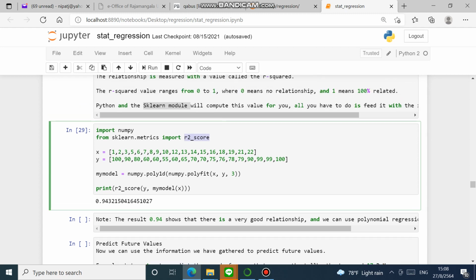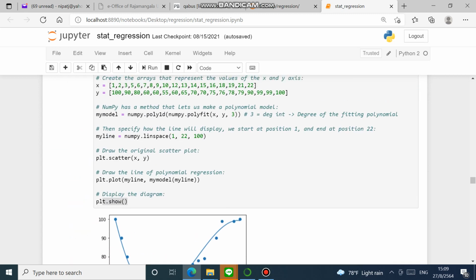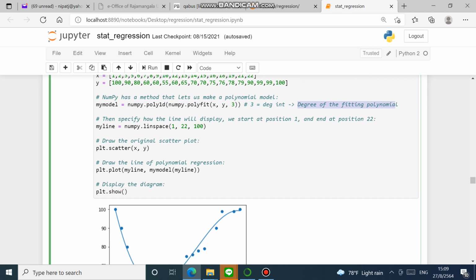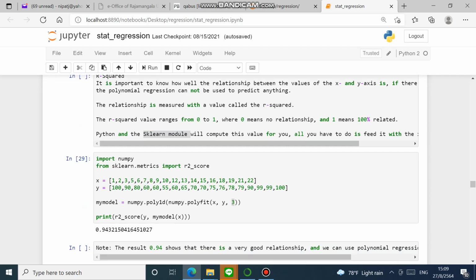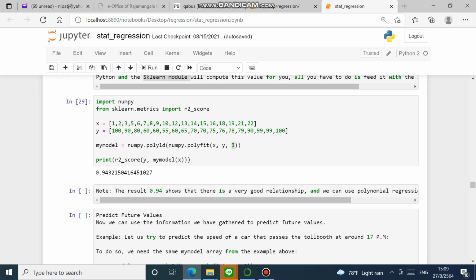We feed x and y into the model with polyfit, the same thing, and this is the degree of the fitting polynomial. 3 is the degree of the polynomial. You can try other values like 1 or 2 and observe the change. Then you print the r2 score.